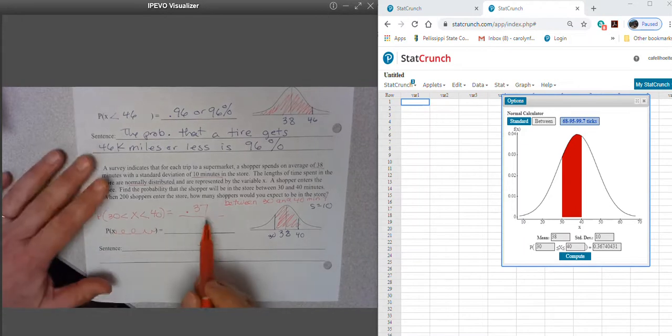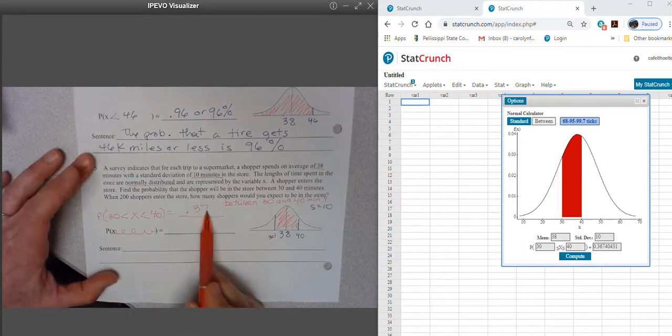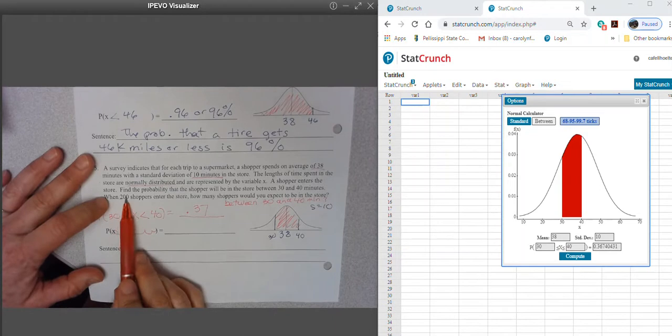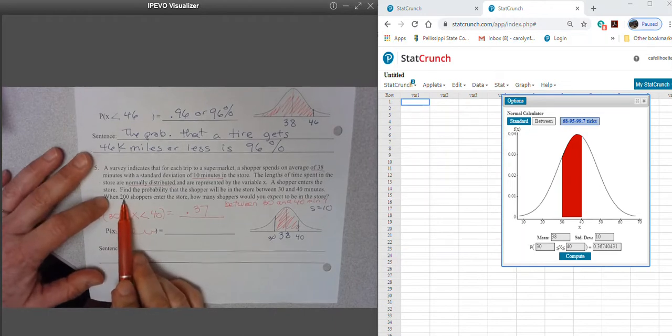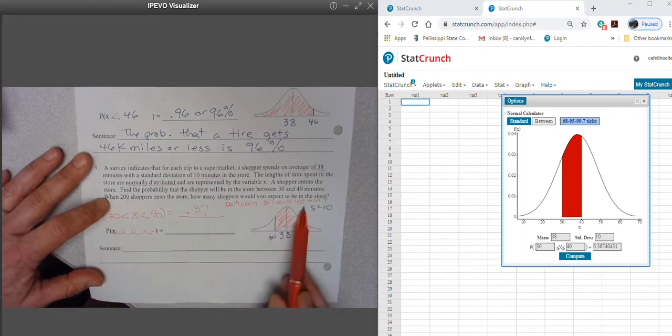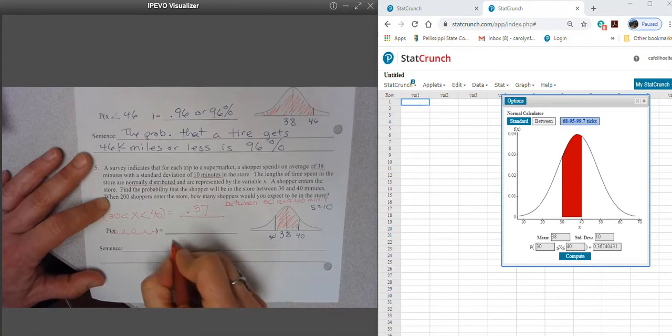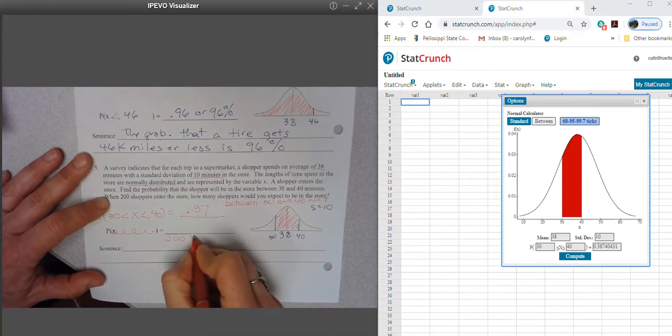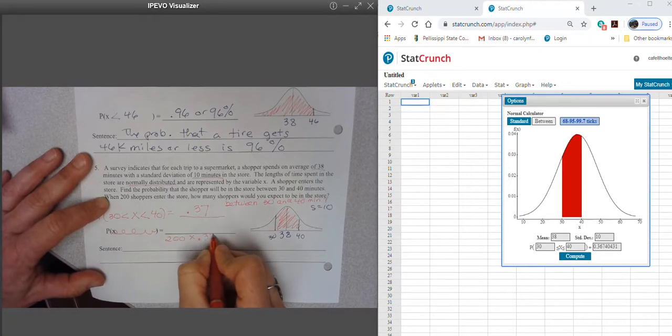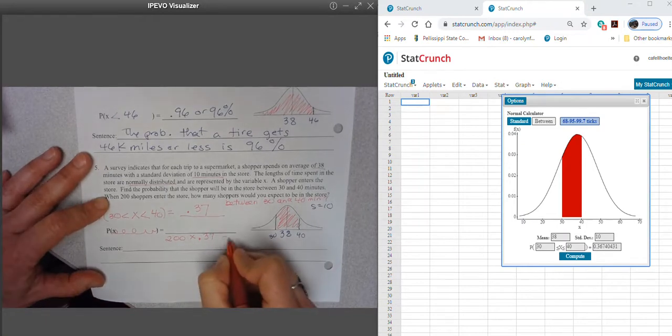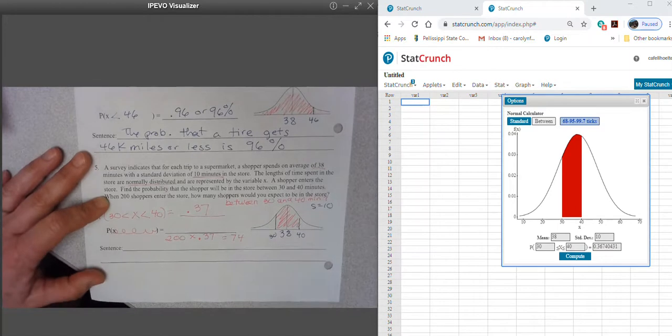So we know that it's a 37% probability. So if there's 200 shoppers in the store, and we want to know how many of those are going to be there between 30 and 40 minutes, that's going to be this calculation here. We would do the 200 shoppers times 37%, 0.37. And if you do that, that's about 74 shoppers.